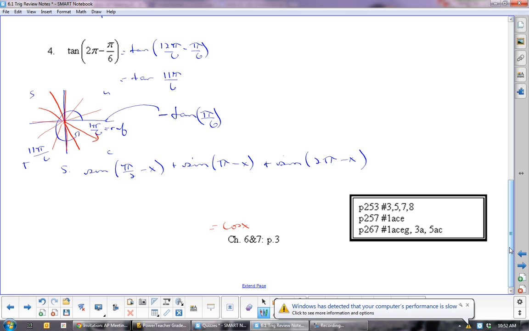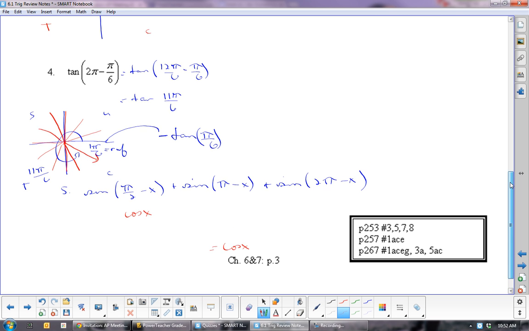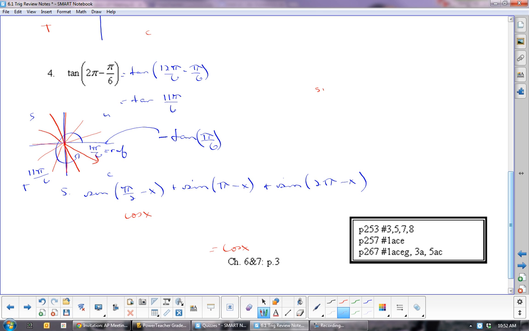If you see, it says sine of pi over 2 minus x equals cos x. And on your sheet, it says that sine of pi minus x equals sine x. So what's that saying?